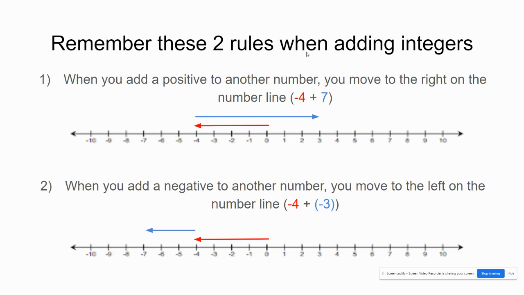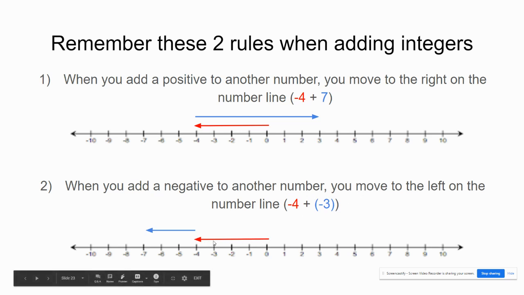These 2 rules, remember these 2 rules when adding integers. When you add a positive to another number, you move to the right. No matter what this first number is, if it's negative or if it's positive, I go from 0 to that first number. And then if I add a 7, I'm going to go 7 to the right. Conversely, when you add a negative number to another number, you move left on the number line.